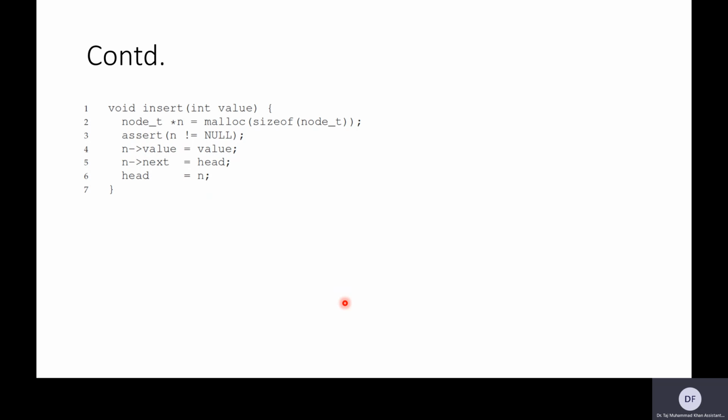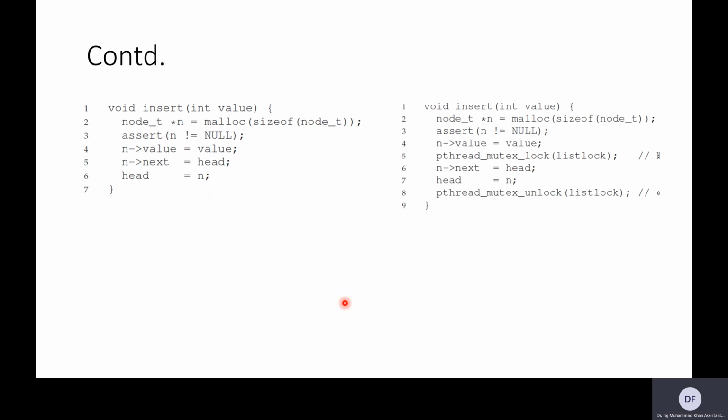A second example of using atomic instructions to achieve mutual exclusion is this code where we are inserting an element in the linked list. We have to check that the head node is not null, and assign this value to the new node. This will be a new node that is created, and we want to insert it in the linked list from the head side.